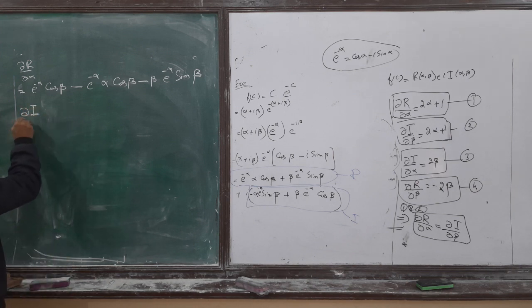Partial I over partial alpha. What is this? Oh, sorry, partial I over partial beta.